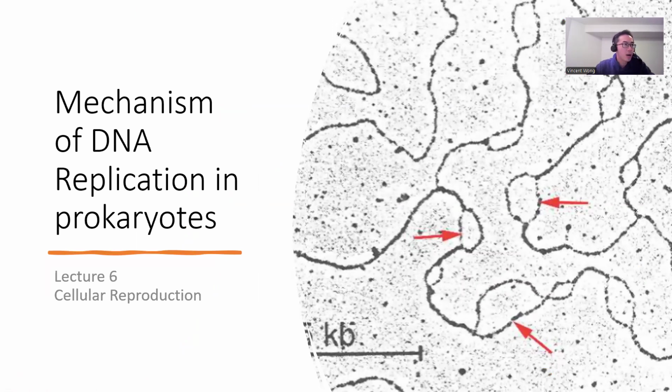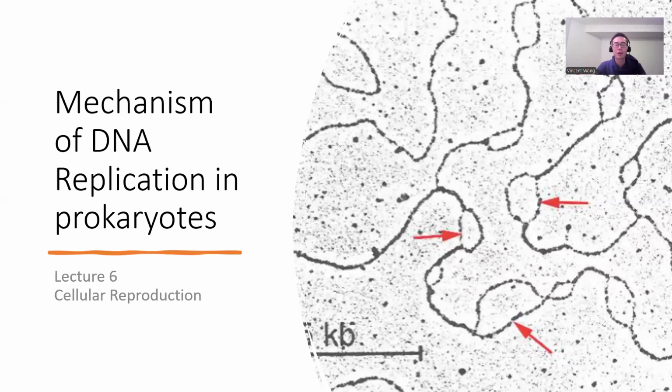Now we are going to move on and talk about the actual mechanism of DNA replication. Mechanism is just a big word for the method by which it happens. Much of the understanding of how this happens came from the study of DNA replication in prokaryotes.